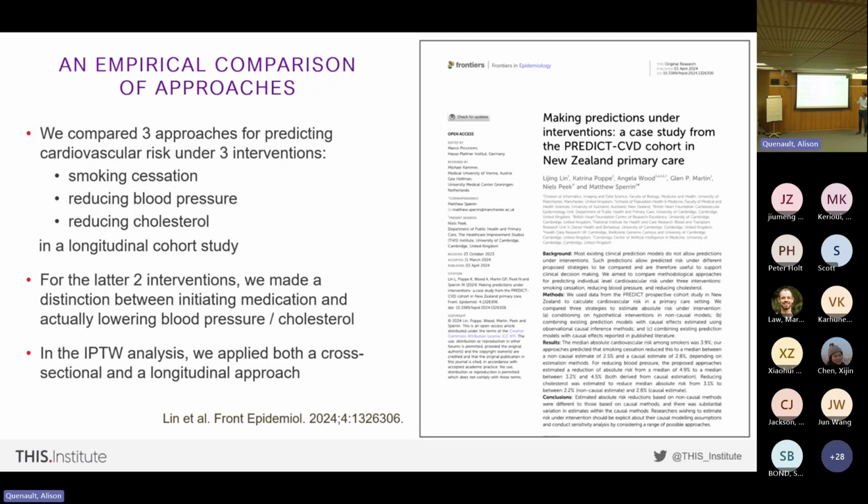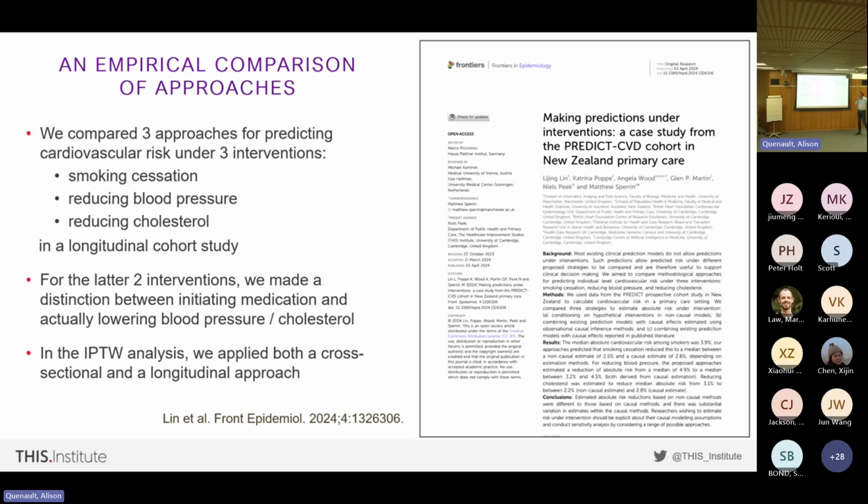For the latter 2, we also then used 2 different approaches. So one where we only modeled the effect of initiating medication, and another one where we modeled the effect of actually lowering blood pressure and cholesterol, which is obviously something else, and we will see in the results that it makes a huge difference.